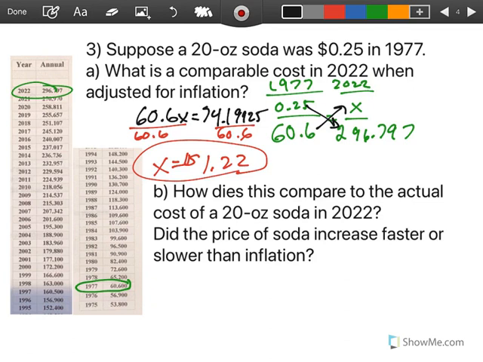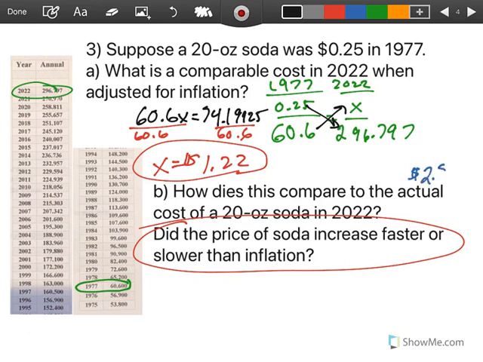We'll say. Now, did the price of soda increase faster or slower? Well, if I think about my last time at either a gas station or the grocery store, a 20-ounce soda seems to cost more like $2.50 or $3. So this is way more than $1.22, I'm saying. So did the price of soda increase faster or slower?